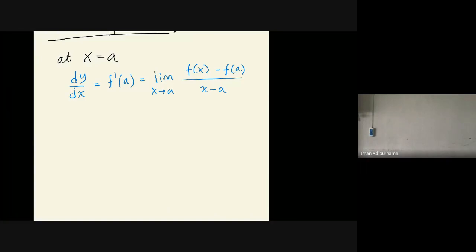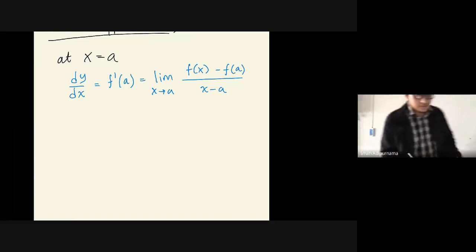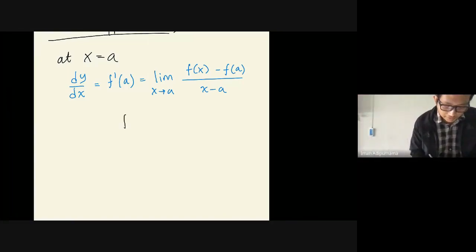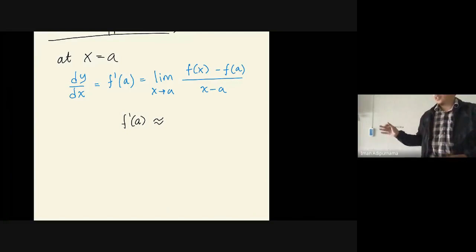Can we say that the f prime is actually just f(x) minus f(a) divided by the distance? No, right? But if a is close to x, and I remove this, I can, right? So let me write this in approximations, because the section is called approximation.